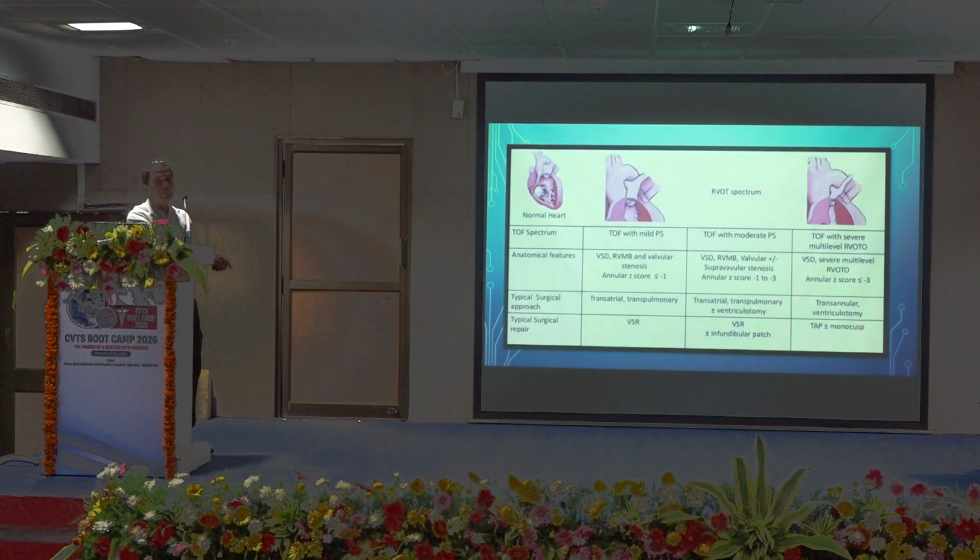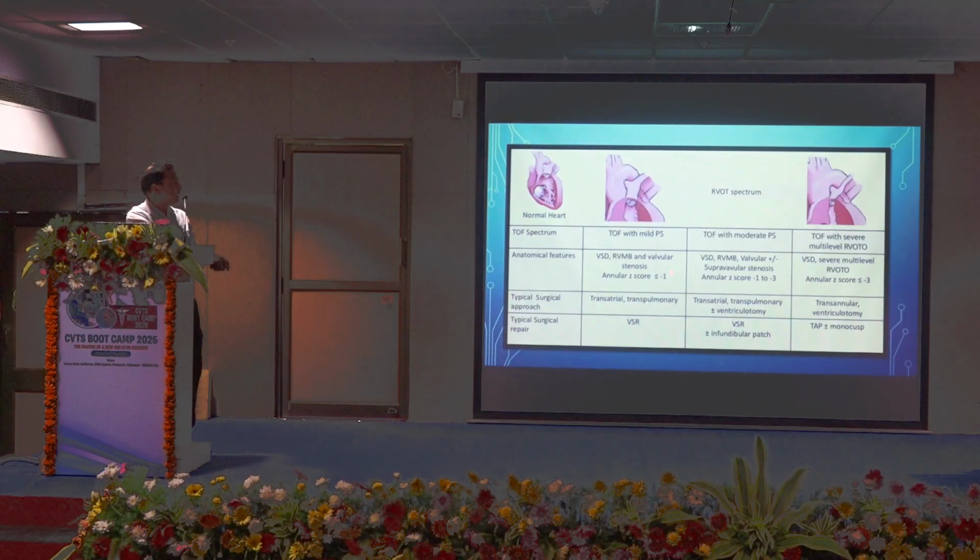Now, what type of repair do we do? If the patient is having mild pulmonary stenosis, where you will find a ventricular septal defect, right ventricular hypertrophy, right ventricular muscle bundle, and valvular stenosis, and the Z score of the pulmonary valve annulus is less than -1. Always remember 0 is normal, more than 0 is more than acceptable.